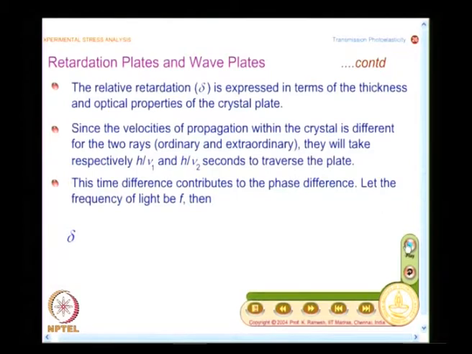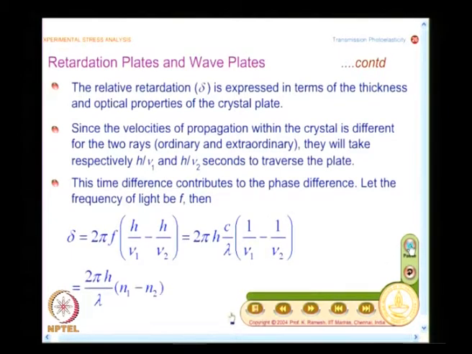I can do that. It is very simple. I think some of you must have got it, and that is what you have here. So, I have this as 2 pi f times (h by v1 minus h by v2), and I can rewrite f as c by lambda, where c is the velocity of light, and we have already seen that if I write c by v1 and c by v2, I can write them as n1 and n2.